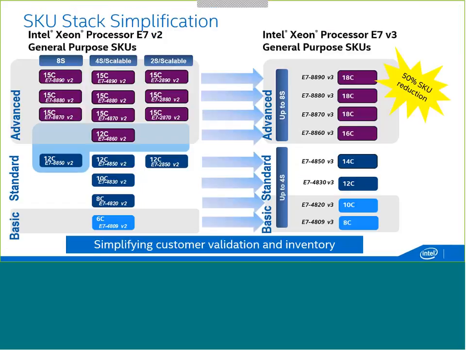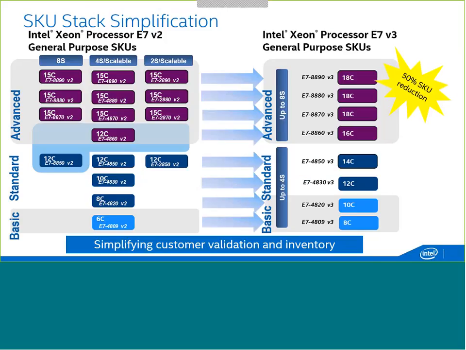Trying to show a view of our SKUs, and I talk about these all day long, so it's pretty easy for me to rattle off SKU numbers and then associate them to workloads and which ones are best for which purpose. We have a basic, standard, and advanced, or good, better, best philosophy, where the basic is more of an entry level.